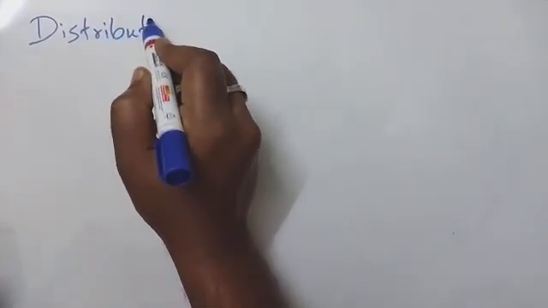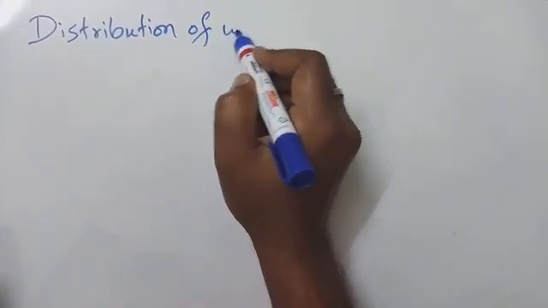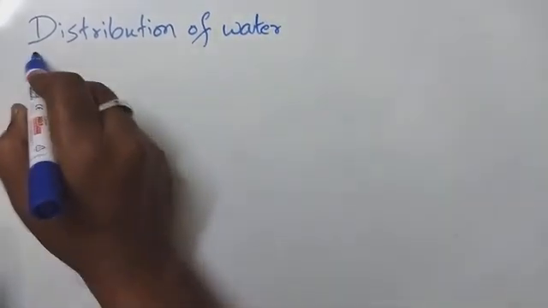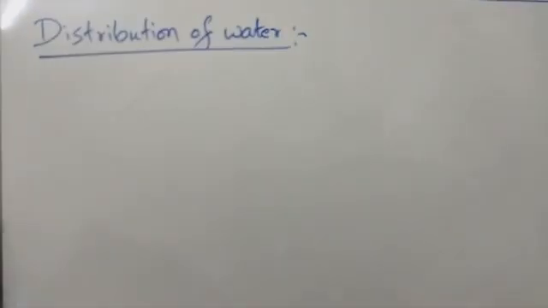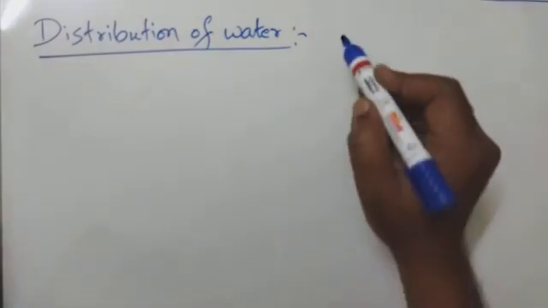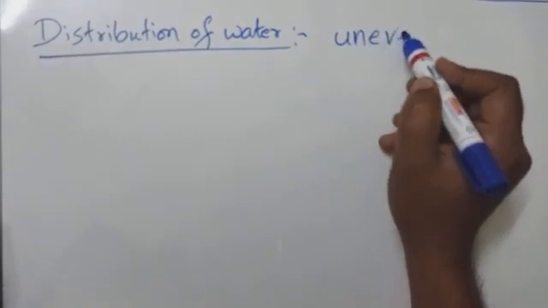Let us try to understand distribution of water over the entire globe. Globe means our earth. The distribution of water is uneven.